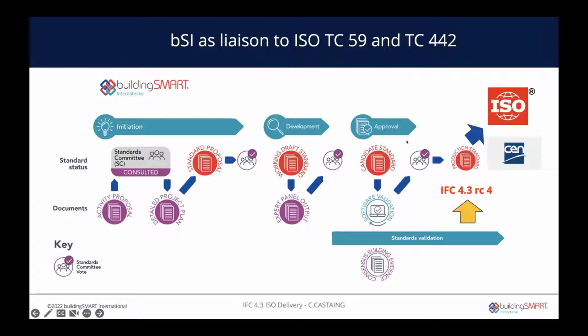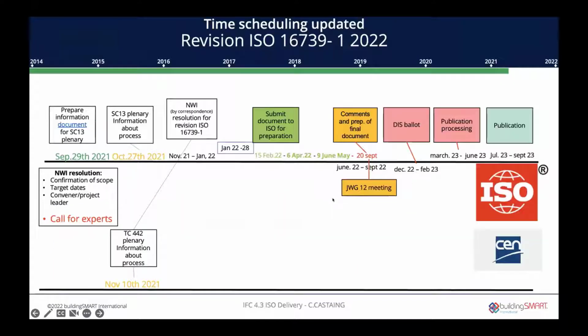First of all, to remind you of the status of IFC 4.3, which is now a production standard approved by the standards committee of buildingSMART, and this status is very important for the next step with ISO in terms of the process of approval.